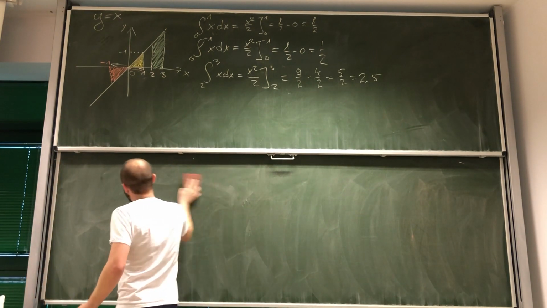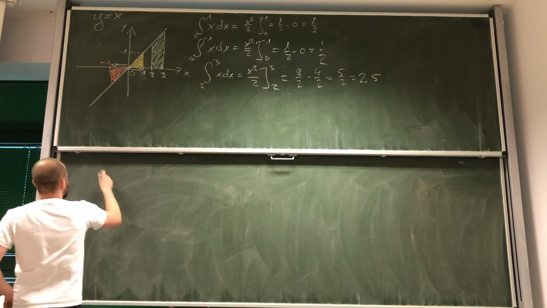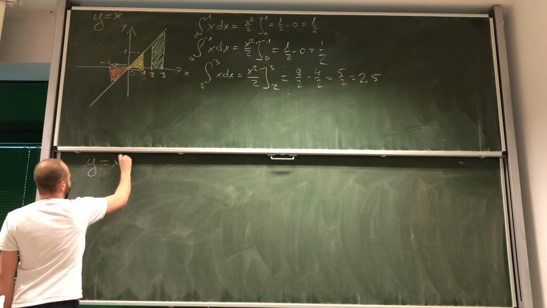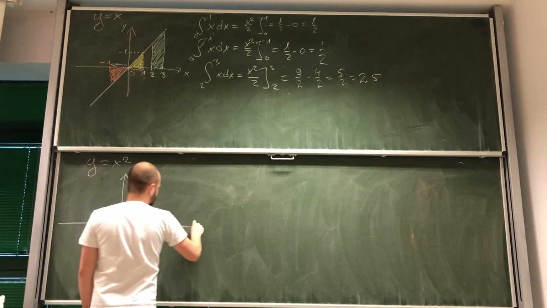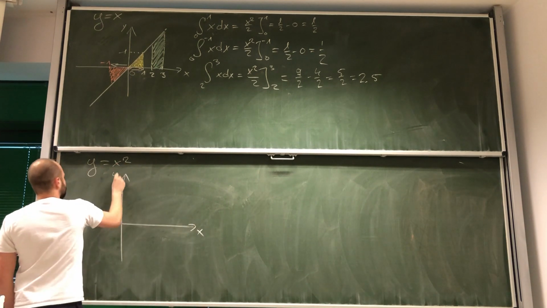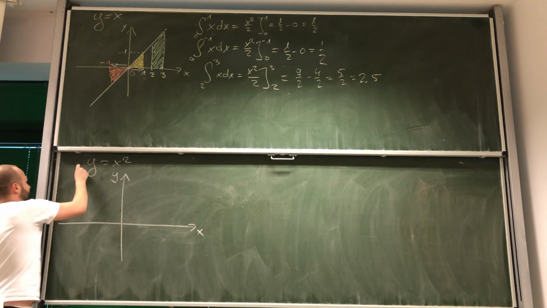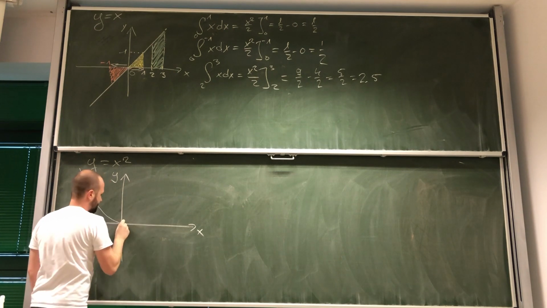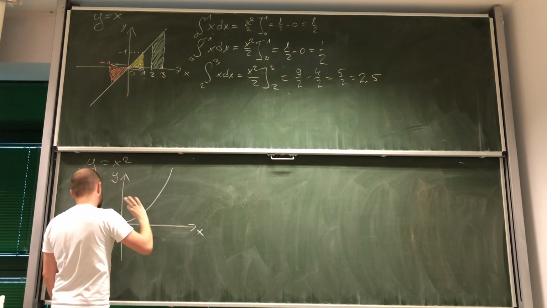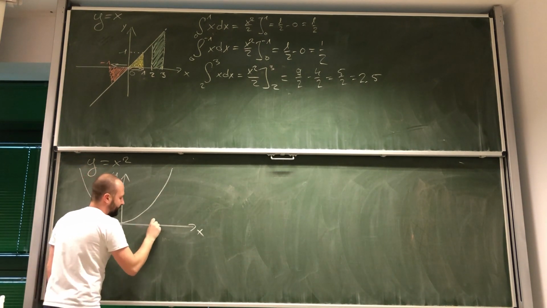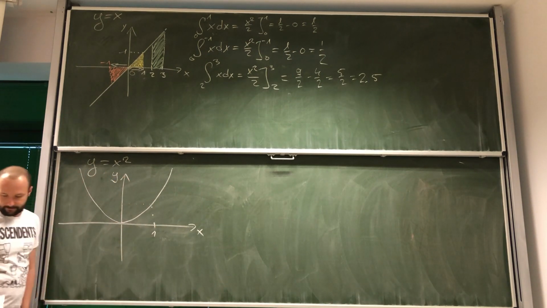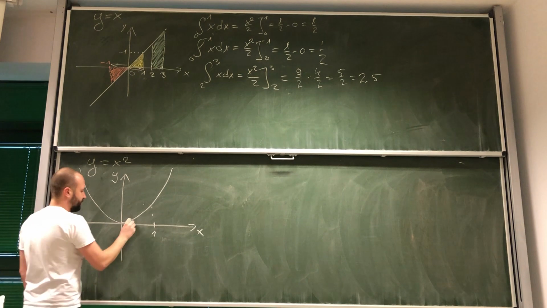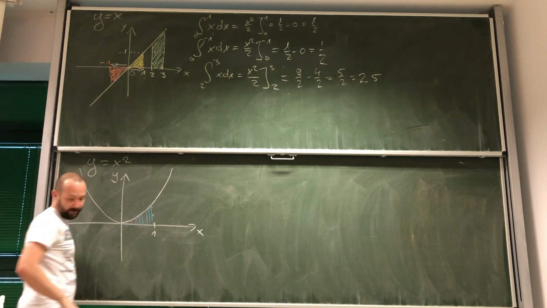Okay, now let's see what would happen if we had a quadratic function. So now our function is y equals x squared. That function looks like this. It's not beautiful, but it doesn't matter. First, I want to know the size of this area over here.